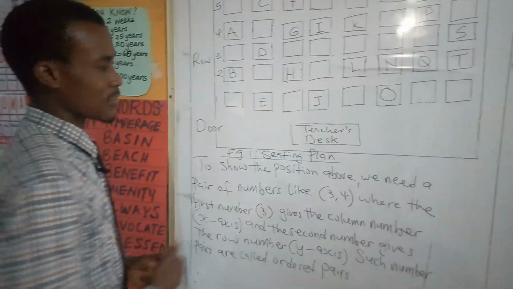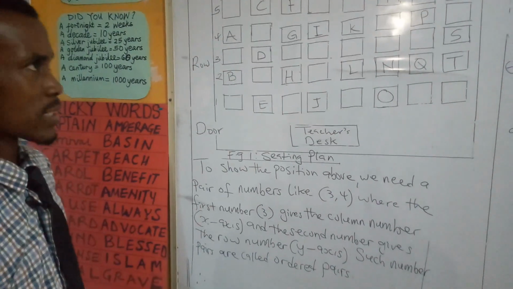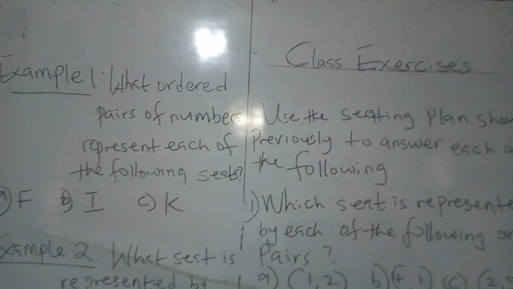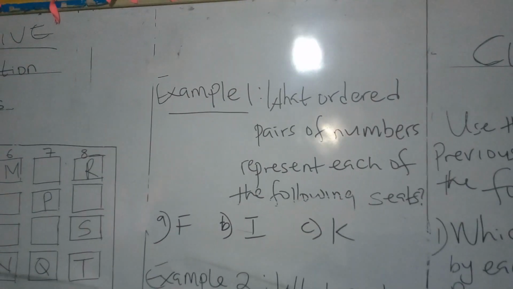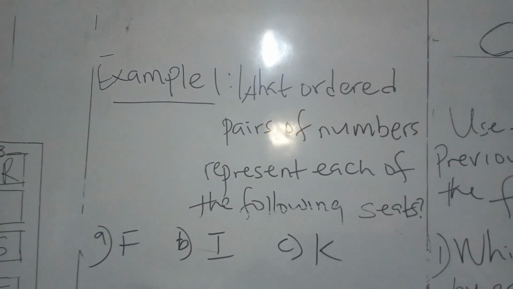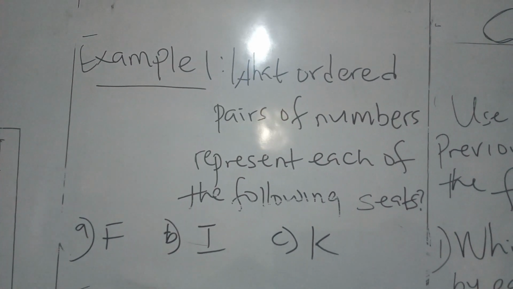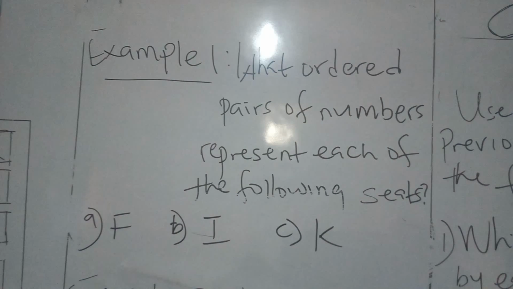So how are we going to get the sitting position of the pupils? Let's look at our example. Example 1. What other pairs of numbers represent each of the following seats? So let us work on it.